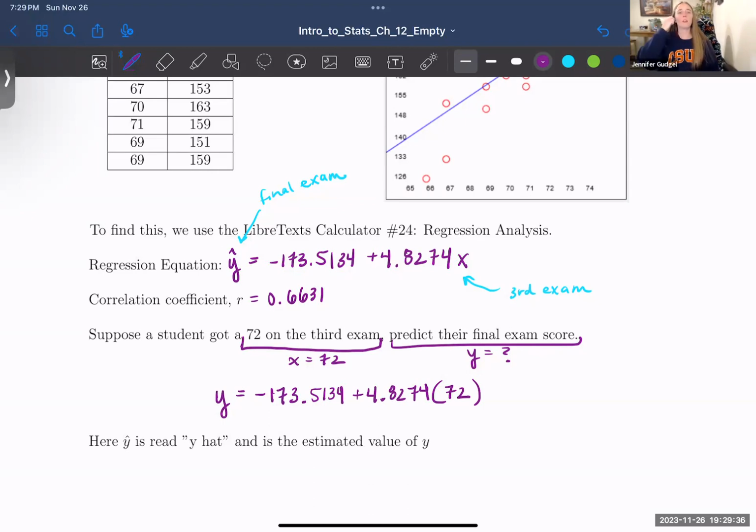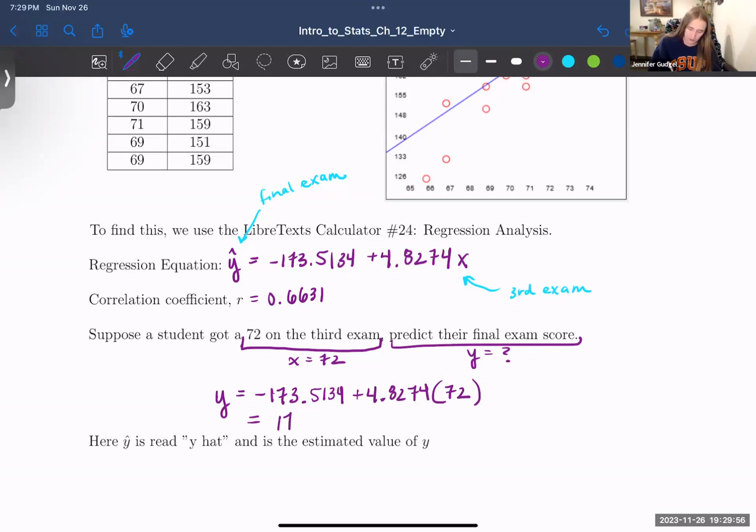All right, multiplication goes first. So you would multiply these two first. And then you would subtract 173.5134 from that value. When you put that all into your calculator together, you should be practicing putting this into your calculator together.